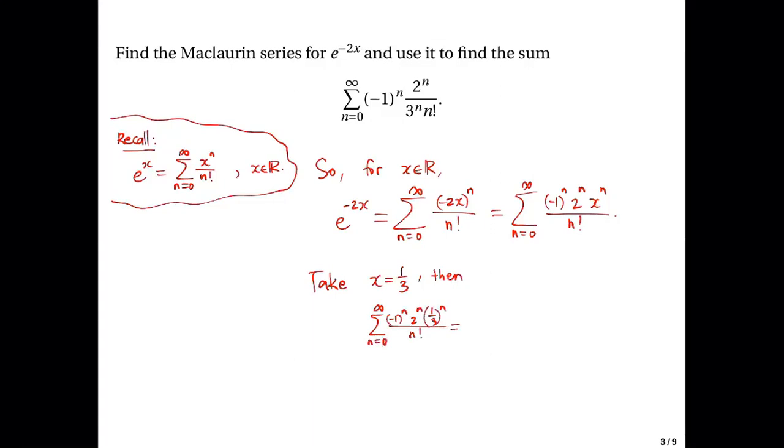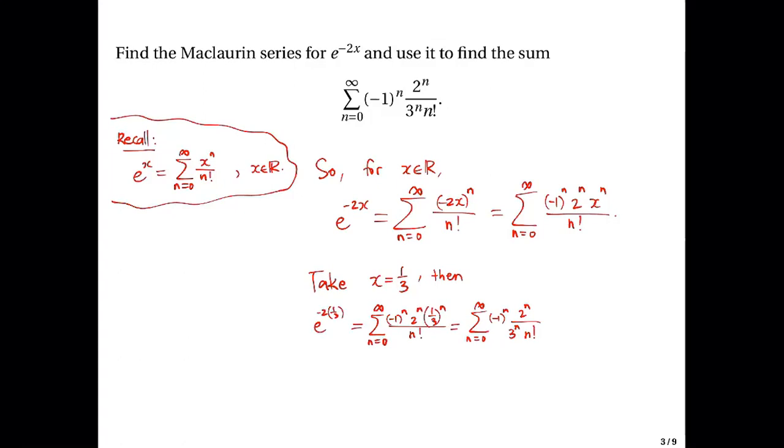Or we rewrite this as the series from n equals 0 to plus infinity of negative 1 to the n, then you have 2 to the n over 3 to the n factorial. But on the left-hand side, this is just your e raised to minus 2 times 1/3.